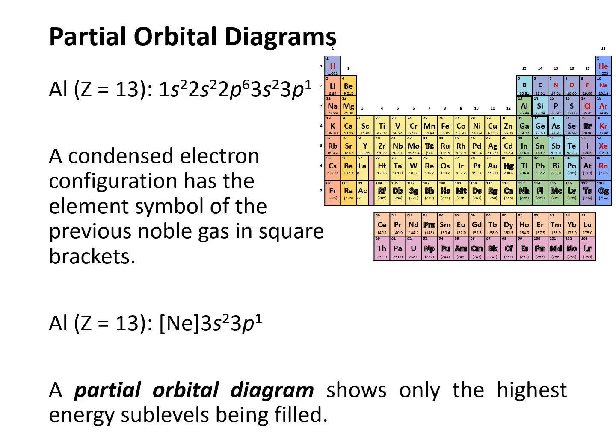Atoms with a lot of electrons can have electron configurations that are quite long. For example, aluminum, which should have the electron configuration 1s2, 2s2, 2p6, 3s2, 3p1, as shown here.